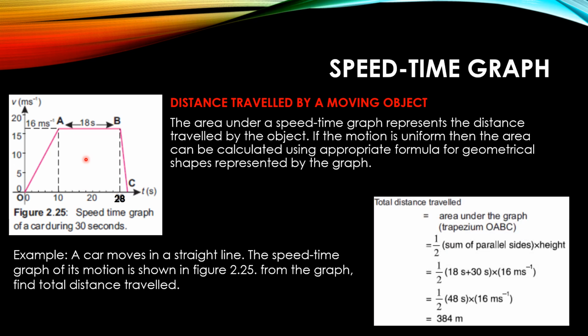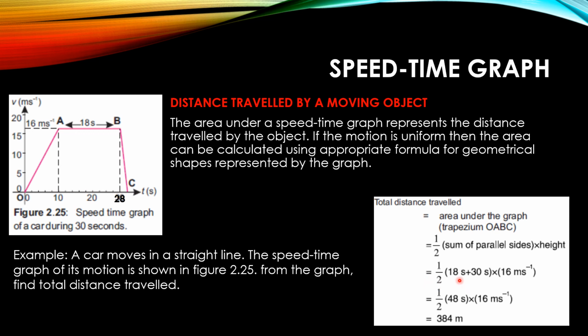Now how can we find the distance traveled? For that, we need to find the area under the graph. First of all, it has a geometrical shape, the shape of a trapezium. So we will find the area under the graph, which is trapezium OABC. The total distance traveled will be equal to 1 by 2 times the sum of parallel sides times the height.